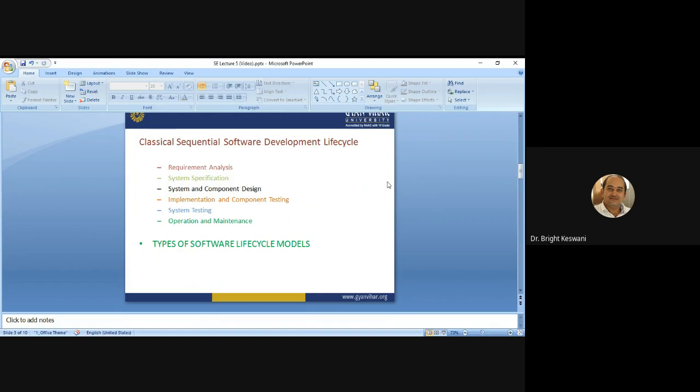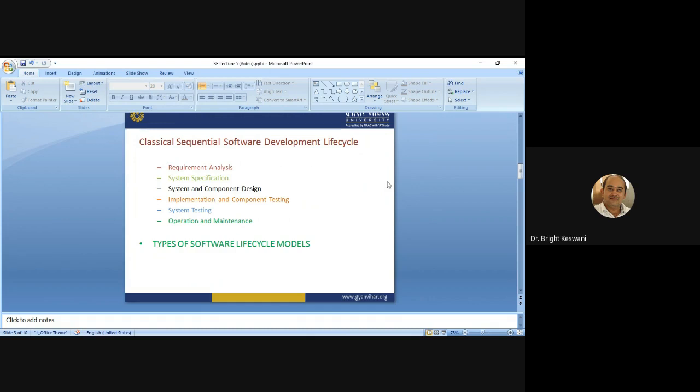Some important activities of this requirement analysis phase include completing the requirement analysis, ensuring the problem domain area and roughly sketching the components of the target system, feasibility study of the planned project, and creating a rough project schedule. So this is a very important activity which is related to a clear understanding about the requirement.